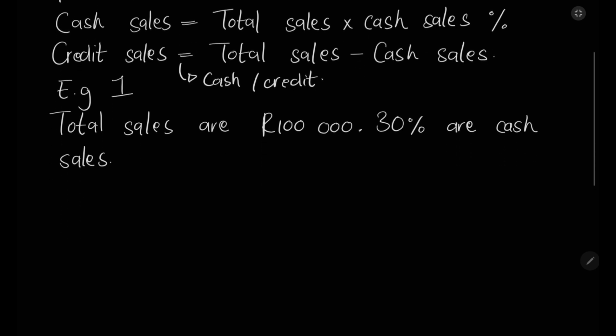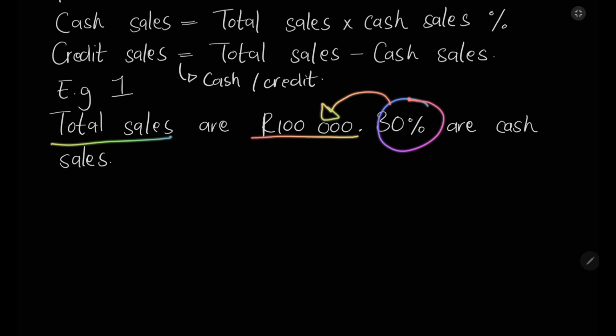Let's try number 1. Total sales are 100,000 Rand. 30% are cash sales. So we have 100,000 Rand that we made from the total sales, and they tell us that 30% are cash sales. So 30% of 100,000 Rand gives you your cash sales. Now, what is left? The 70% is our credit sales.